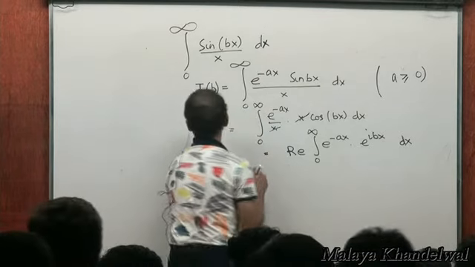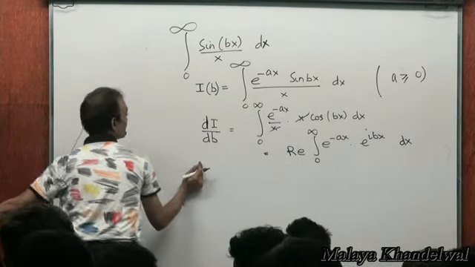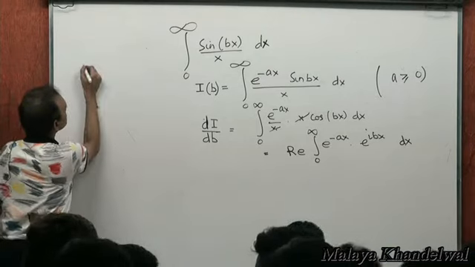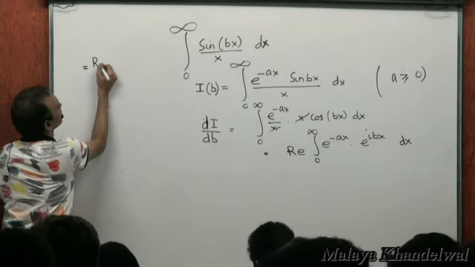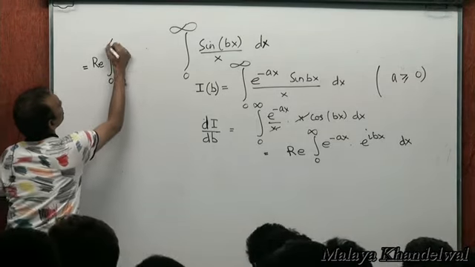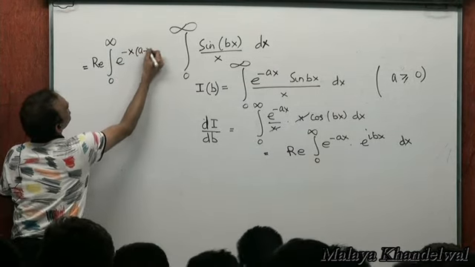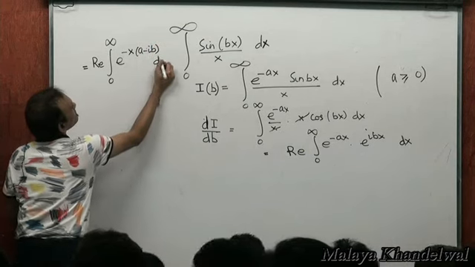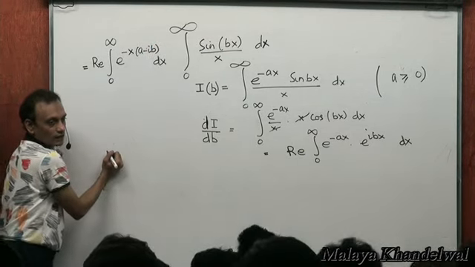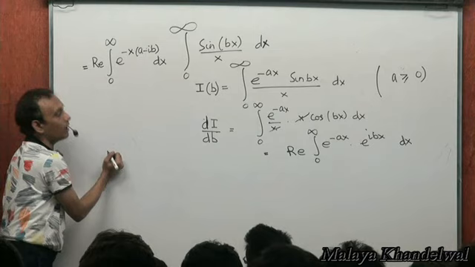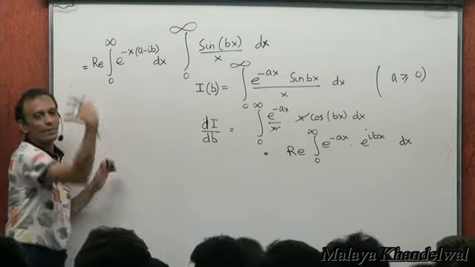The real part of this, which means this is like the real part of the integral from 0 to infinity of e power minus x (a minus ib) dx. Integral e power mx is e power mx by m.